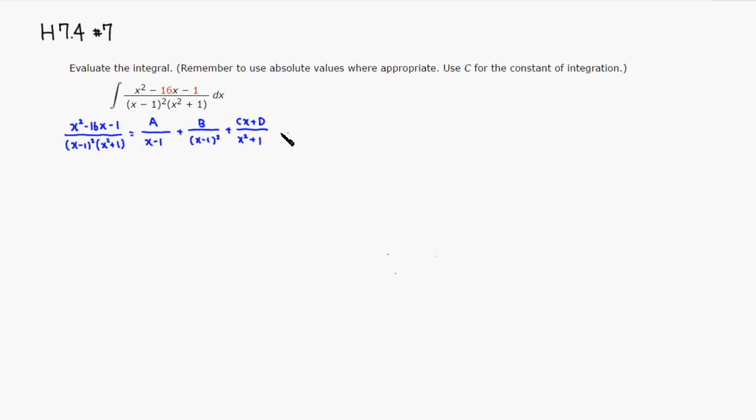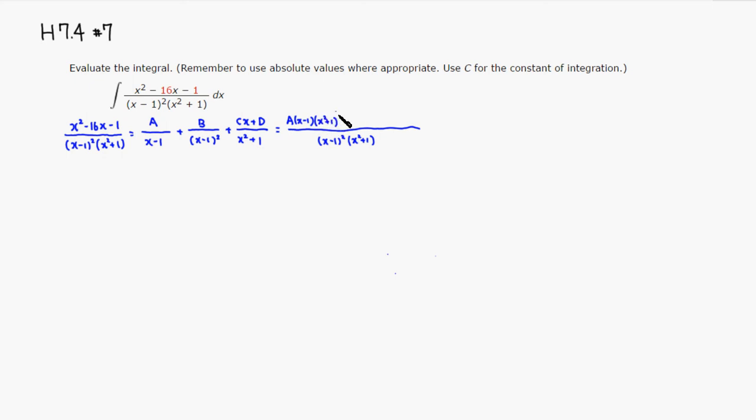Then, to put them back together, we have (x minus 1) squared times (x squared plus 1). You multiply a by another x minus 1 and x squared plus 1 as well.